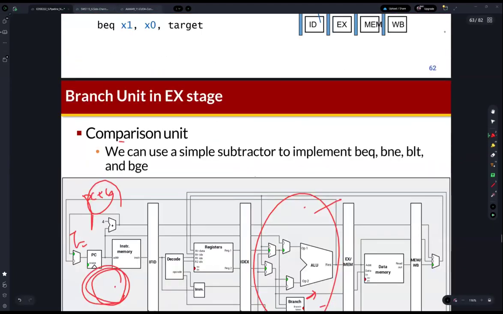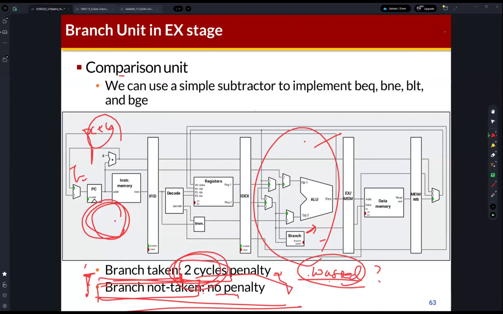I also showed an alternative solution, where the branch unit is located after the forwarding multiplexers, right? So these are forwarding multiplexers and then the dedicated branch unit, which just performs subtraction. Using this dedicated branch unit, we can calculate the result of the branch instruction earlier.